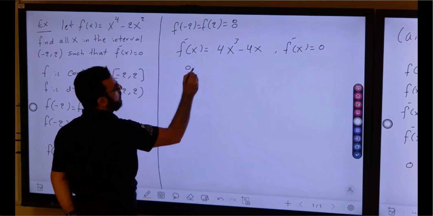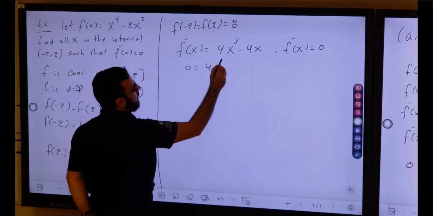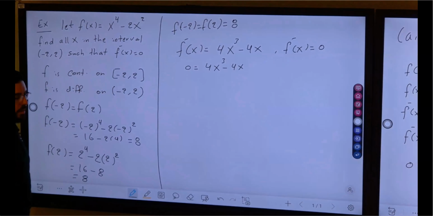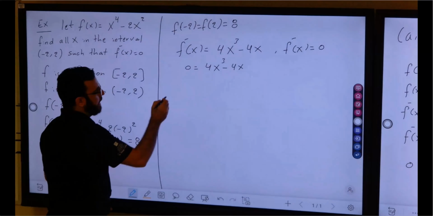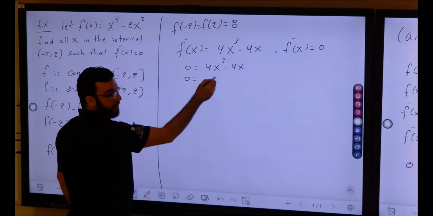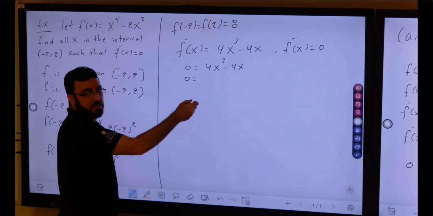That means 0 equals 4x cubed minus 4x. Now, how are we gonna solve this one? 0 equals what?